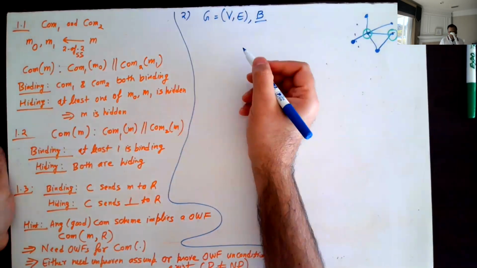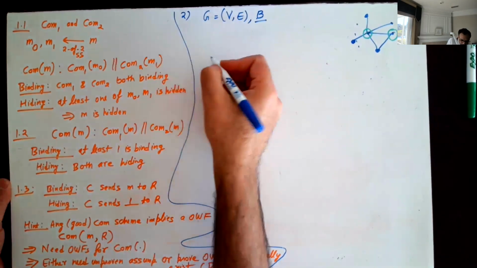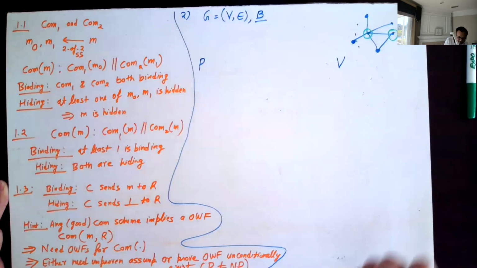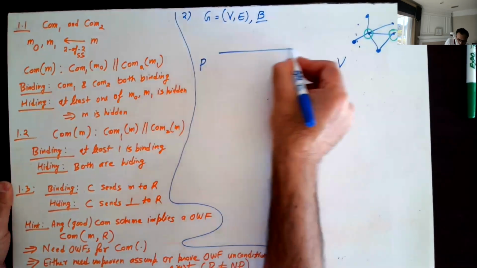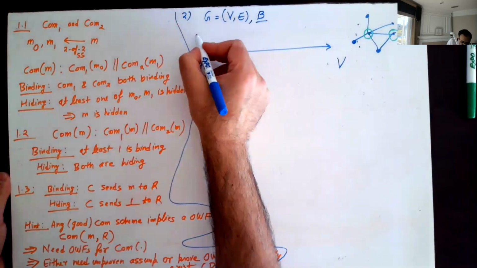Okay, so whenever you are dealing with graphs and you are thinking about zero knowledge, permuting the graph is always a very useful operation, right? So this is what we will start with. We have a prover and we have the verifier. As the first step, the prover permutes.